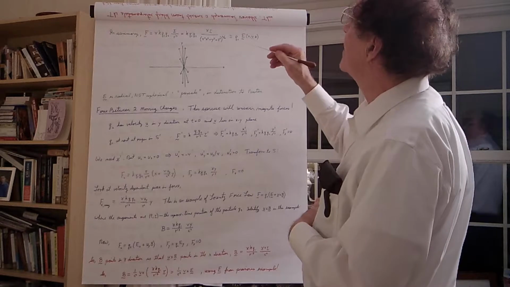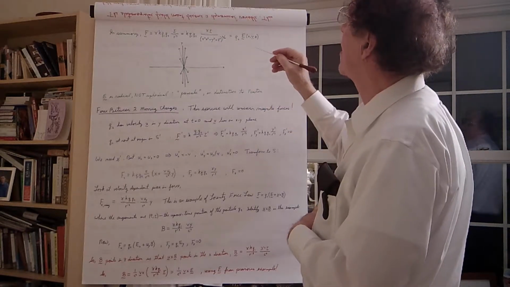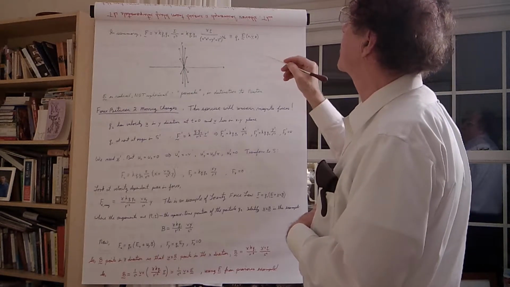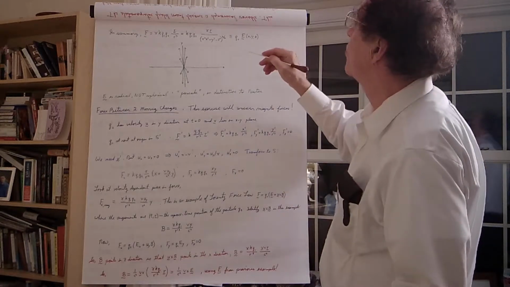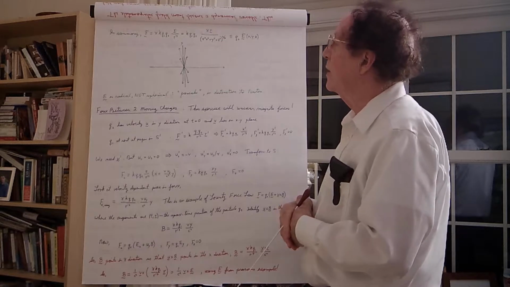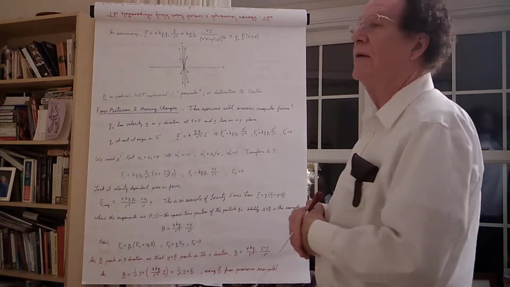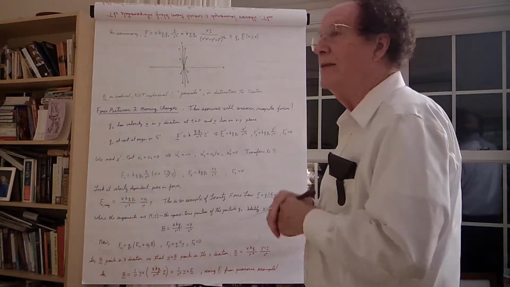So that means gamma goes to 1. In that case, F is just R over R squared to the 3/2. The gammas go to 1, and so I see that the electric field is spherically symmetric, and the force is unaffected by the boost.